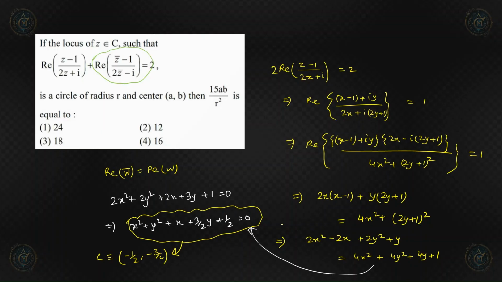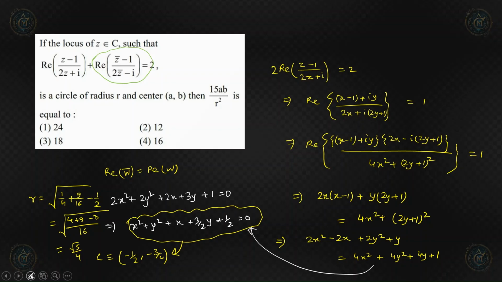And for the radius we can say radius will be under root 1 by 4 plus 9 by 16 minus half. So if we calculate this, it becomes 16, so 4 plus 9 minus 8, under root, so under root 5 divided by 4.